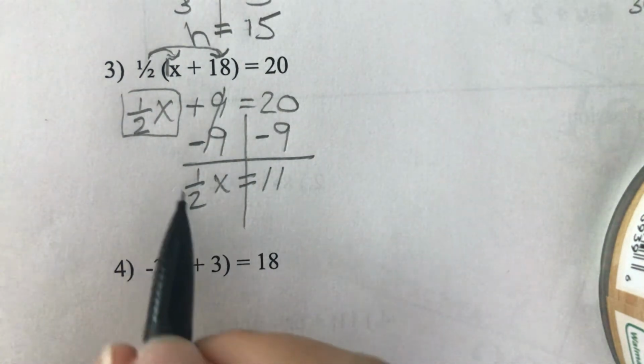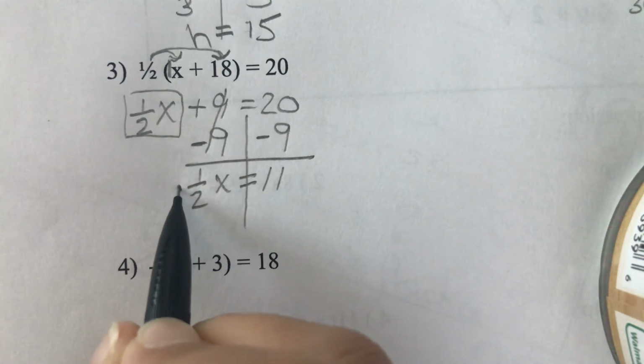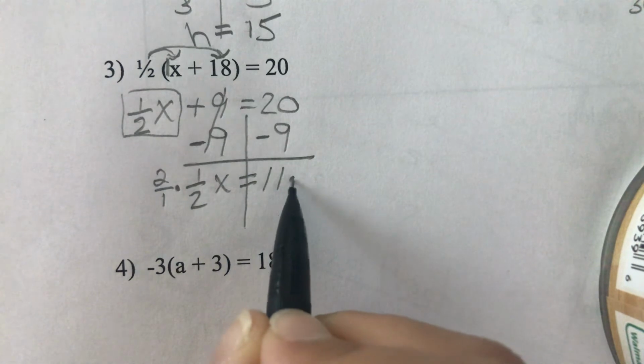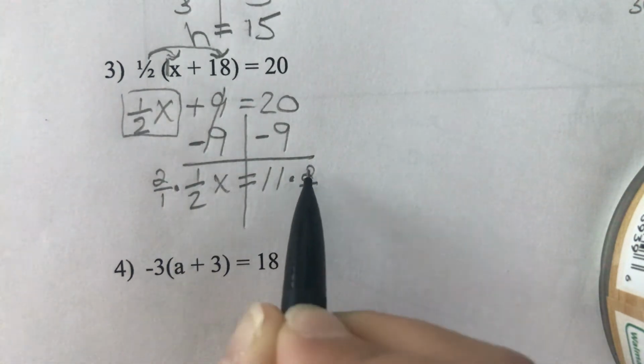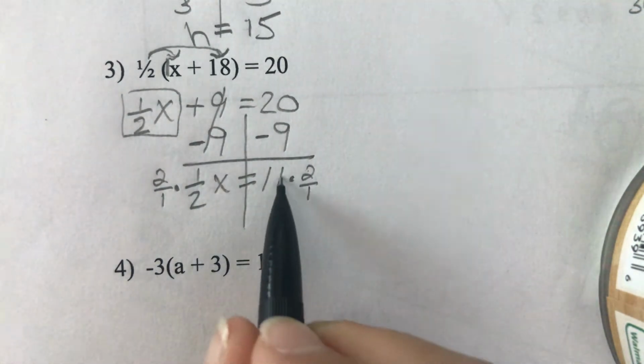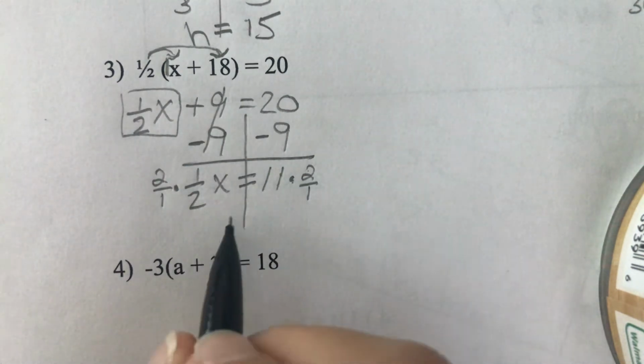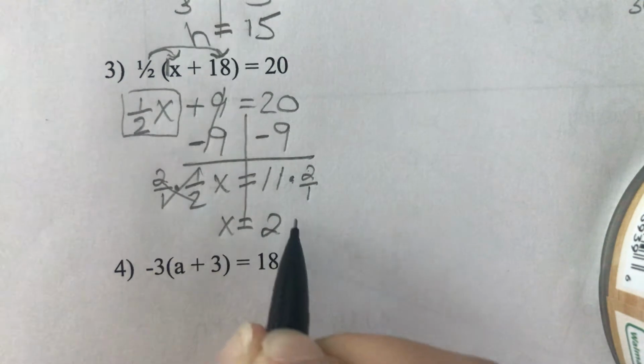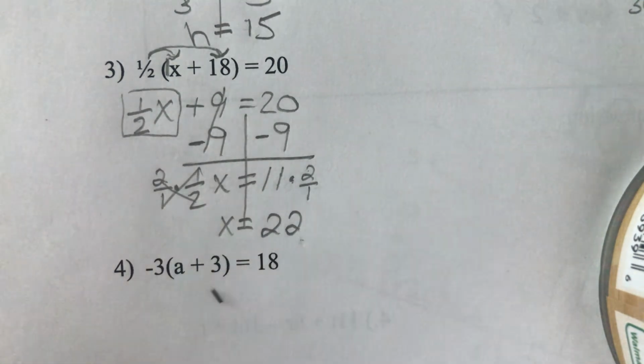Okay, so now we're using the inverse operation where we flip over our fraction. Flip it over here. Well, 2 over 1 is just 2, so we're looking at 11 times 2. Right here, they're gone. 11 times 2 is 22.